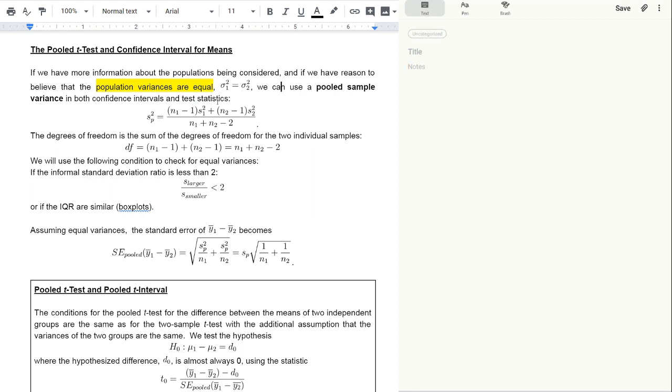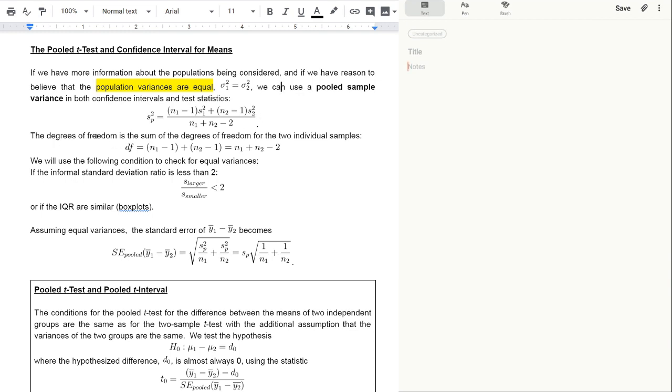So the way that we will find a pooled sample variance is by using this formula. Okay, so the notation for a pooled variance is going to be Sp squared. And you can think of the pooled variance as being a weighted average of the two sample variances. Okay, so here we have S1 squared and S2 squared.